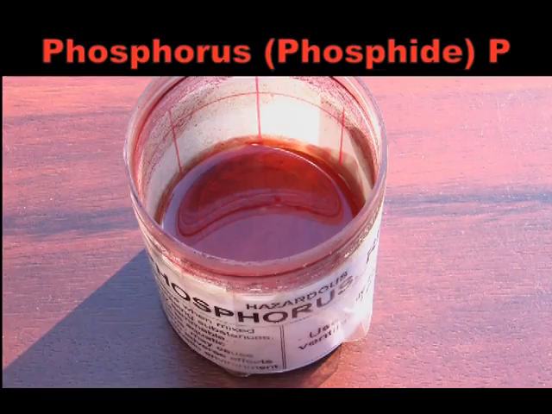Phosphorus is a red or white solid. It is also a vital part of living compounds, but the element itself is poisonous, particularly the white form.